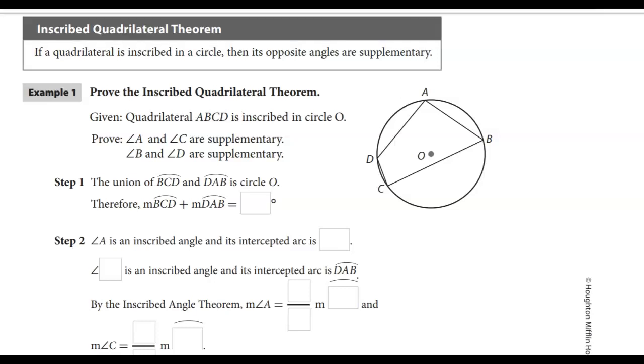Also, if this side right here is 180 and this is 180, then you know quadrilaterals inside, it's going to add up the arc of BCD, okay, right through here, and the arc of DAB is there. Therefore, these two arcs, everything's going to add up to 360.